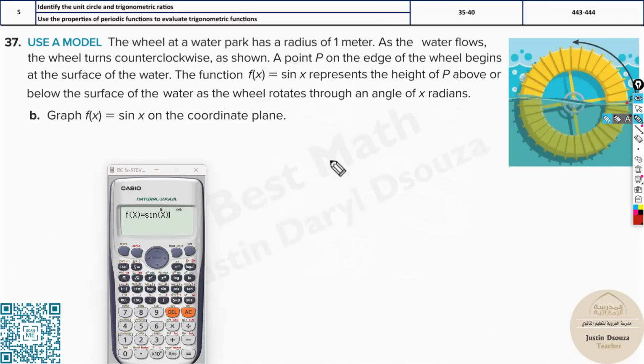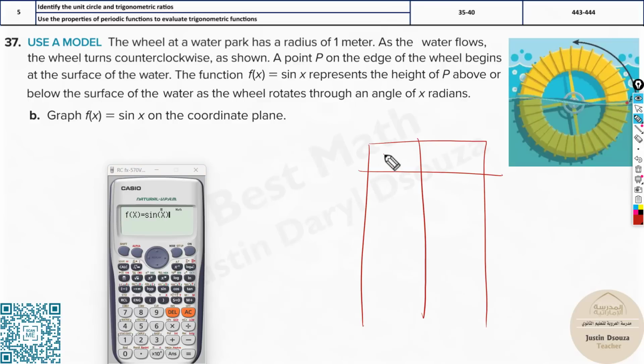But before that, we need the table of values, right? Over here, this table is very important. X and y, isn't it? So now here, remember, whenever your sine function, always start with 0. You can try 30 degrees or 45 degrees or something like that. I'll take 45, 90. Every 45, just keep on adding 45.